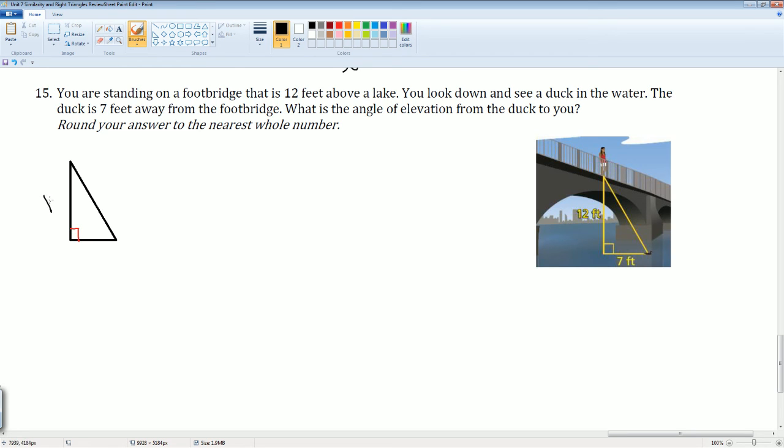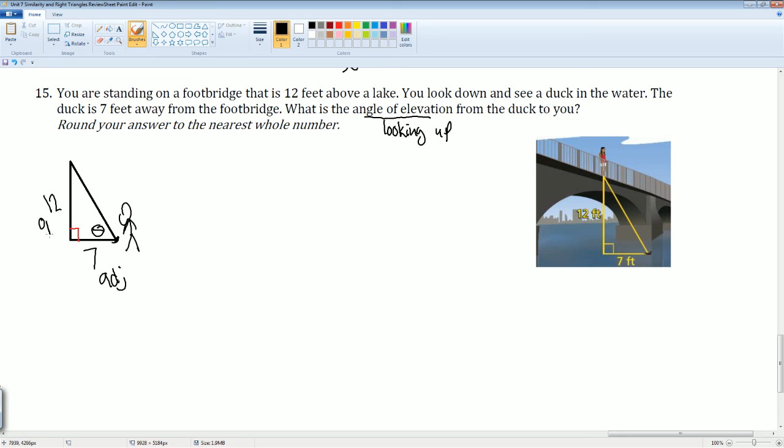The person was at 12 feet high and the duck was 7 feet away. We're looking for the angle of elevation. So from the duck's point of view, the duck was right here, so the theta is right here. Remember, we are looking up. It's the angle of elevation. So the theta is from this point of view. 7 is going to be your adjacent.